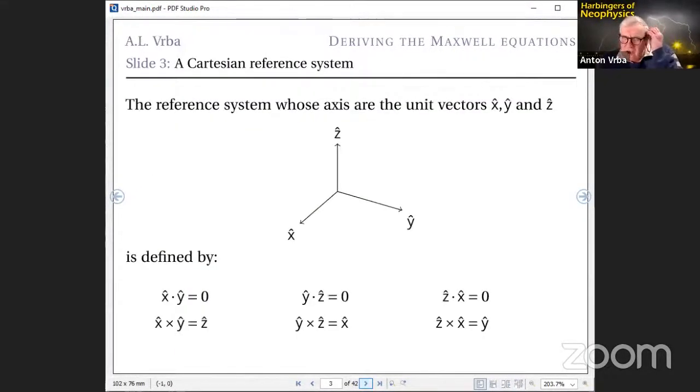Just a recap on the basic reference system. If I've got x, y, z coordinates, the unit vectors for x, y, and z are defined by the dot products of any two vectors being 0, and then being a right-handed reference system, we have x cross y equals z, y cross z equals x, and z cross x equals y.